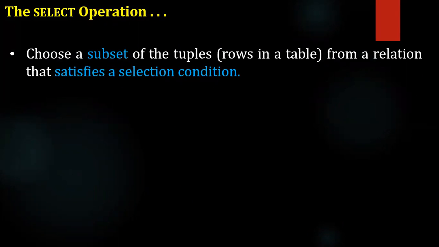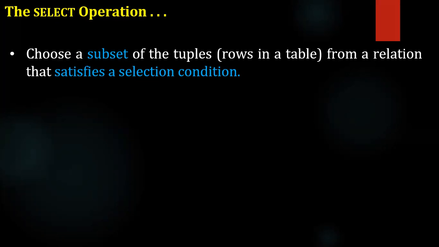Now we know in a relational database, the data is represented in the form of a relation, that is, in the form of a table. Data is stored in the form of a table containing rows and columns. Columns of a table indicate attributes, that is, properties of an entity, and rows indicate the tuples.